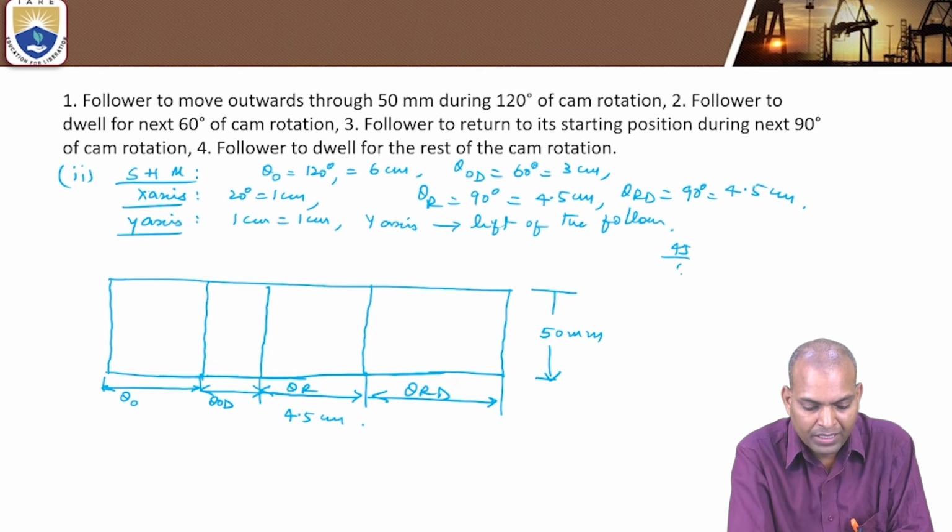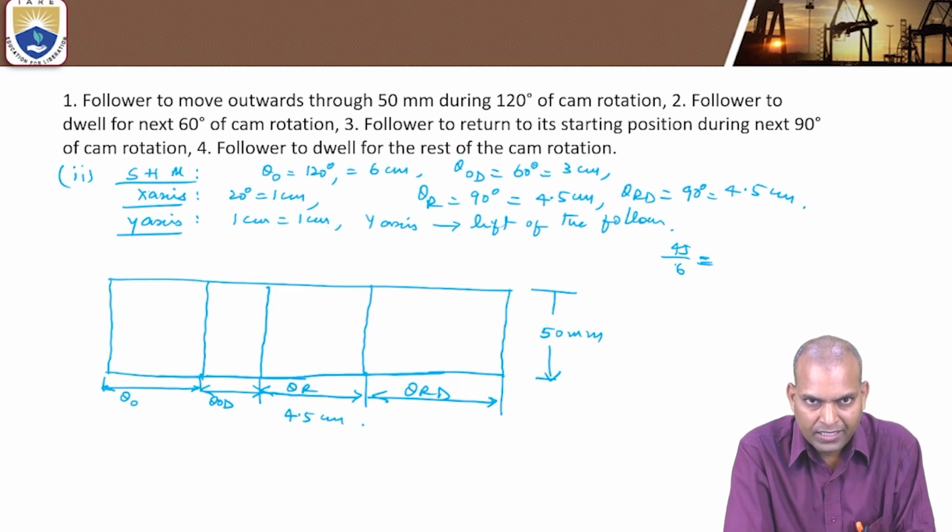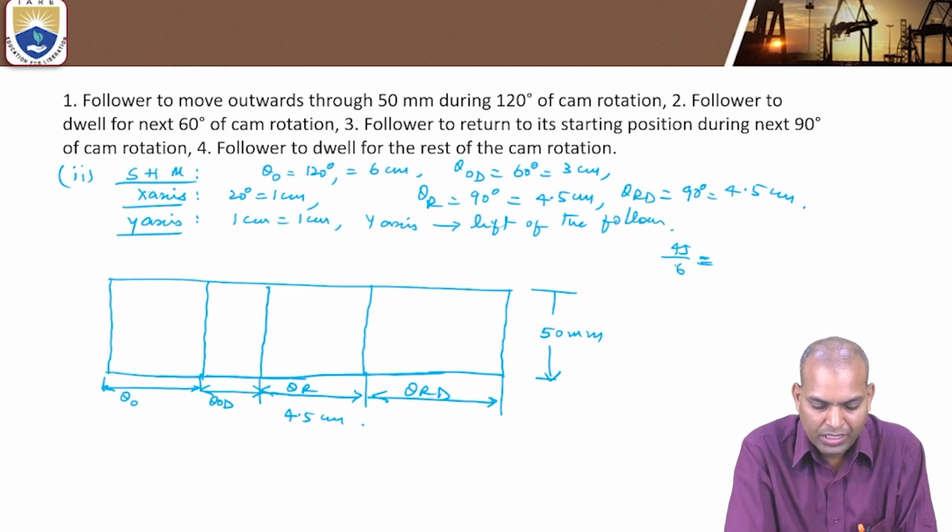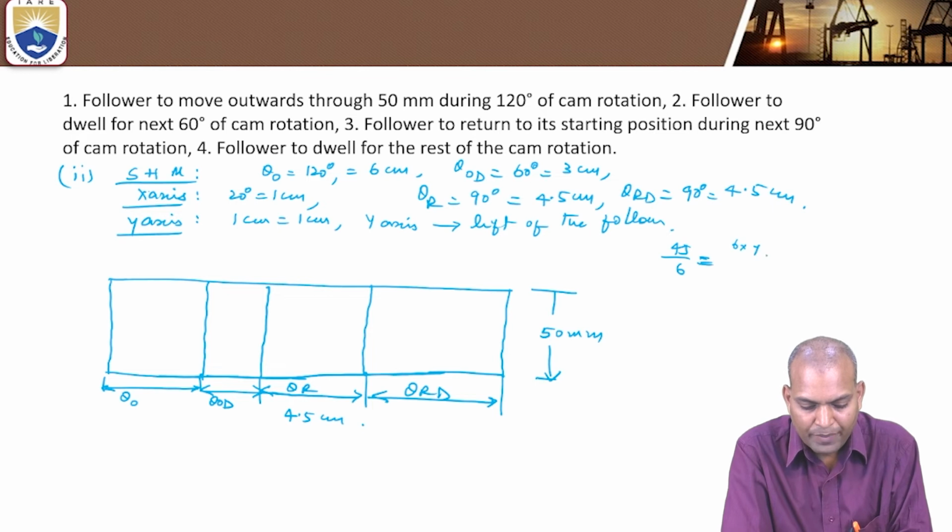That is 45 millimeters by 6. Okay, 7 6s 42, 8 6s 48, 7 7s 49. So how to divide equally into 6 equal parts? So you consider it 6 into 7s. So which method do you have to use?